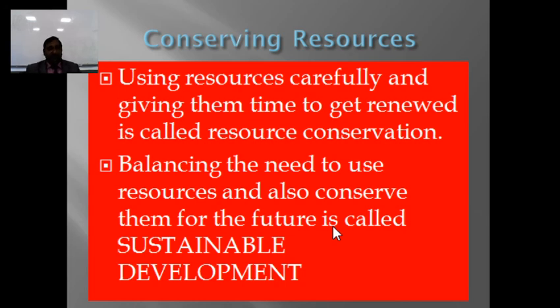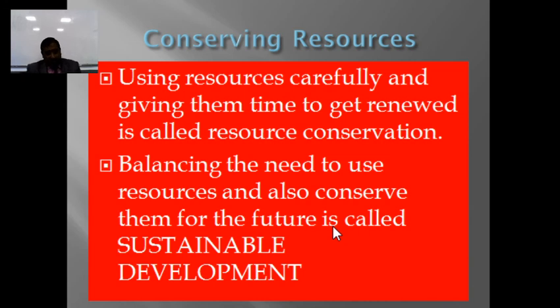Everything is available in nature, but if you become greedy, then these resources are going to become extinct. So you need to use these resources carefully, and we need to think about the future also, how this can help the coming generation.